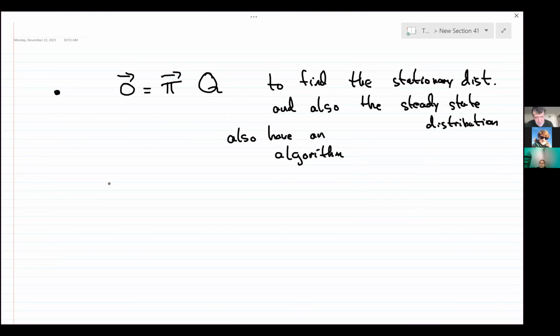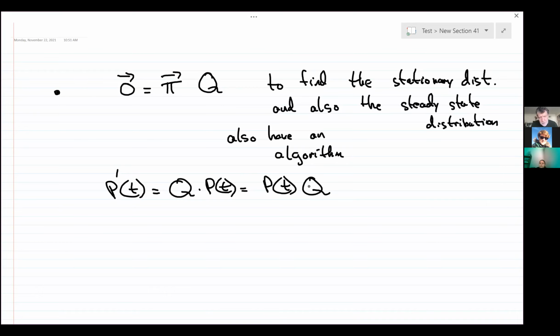So might as well write those down. P of t prime equals q times P of t, and P of t prime equals P of t times q. And these are systems of linear differential equations.